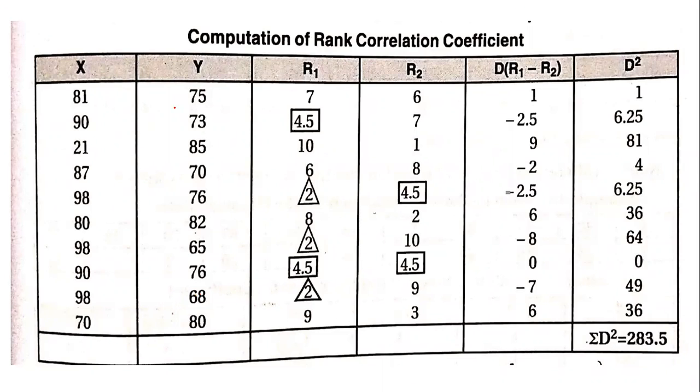Now let us go to the table calculation. In the table, I have copied down the values of X as well as Y from the question. Now let us give the ranking. Which is the highest number? 98 is the highest number. There are 3 times 98.